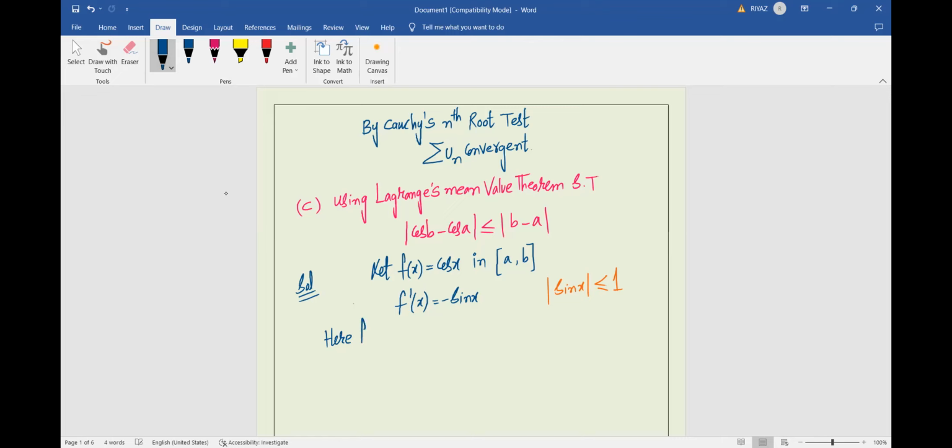f of x and f dash of x are continuous and differentiable on closed interval a comma b and open interval a comma b respectively.